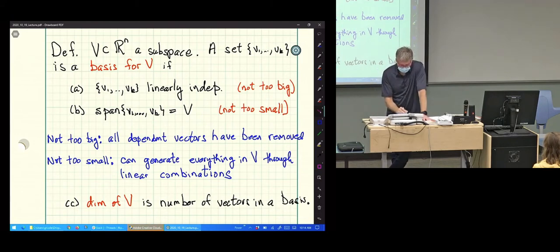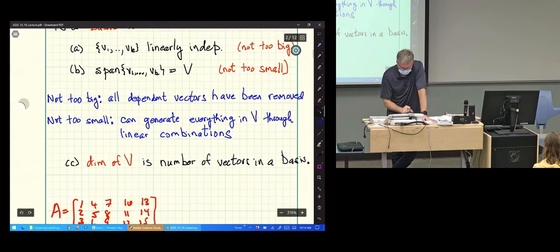Not too big, all the dependent vectors are gone. Not too small, by doing our natural operation, which is linear combinations, we generate everything in the set. So for me, that's how I remember what a basis is. The intuitive concept: not too big, linearly independent; big enough, I can generate everything in V.